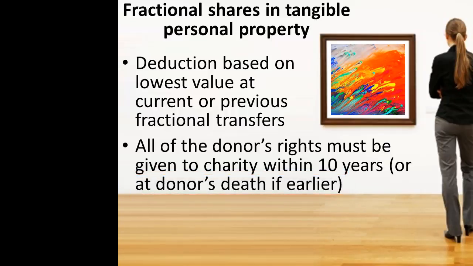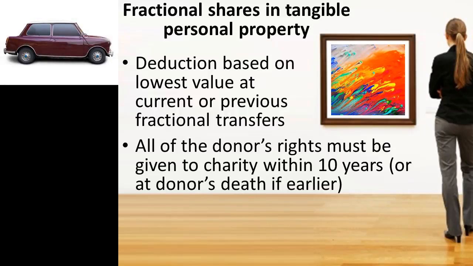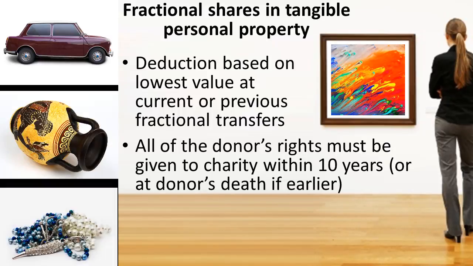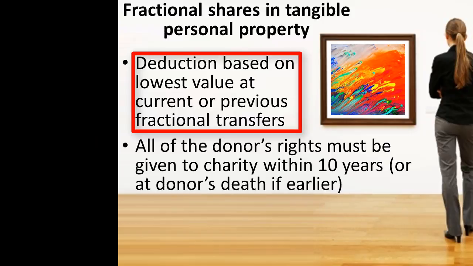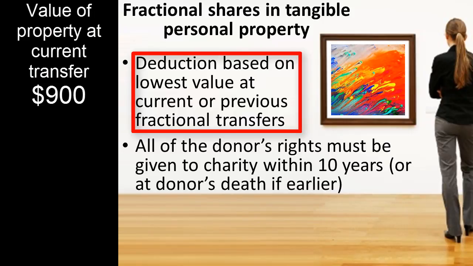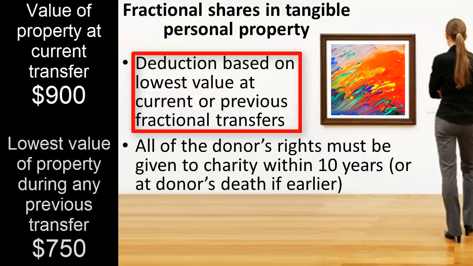Although this example is of artwork, the rule applies to all forms of tangible personal property, such as gifts of a fractional interest in an automobile, an antique, jewelry, or other collectible item. The amount of the deduction will be based upon the lesser of the value of the property during the year of transfer of a fractional interest, or the value of the property during any previous year of transfer of a fractional interest.